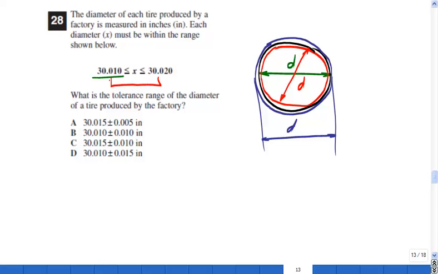I mean, as you can see here, that 0.01 to 0.02 is a very, very tiny quantity. You're talking about 0.01 inches. That's small.